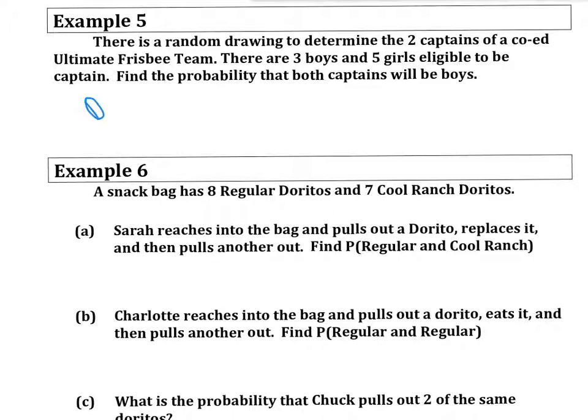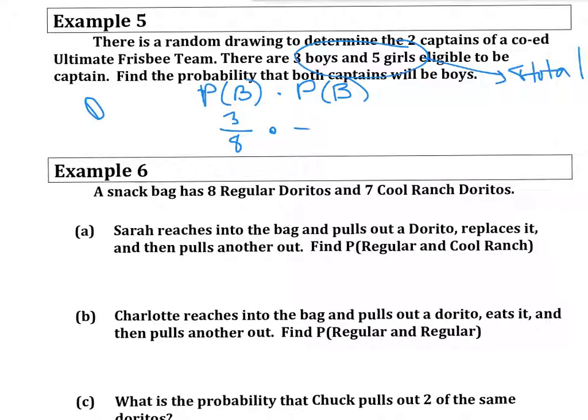So first we'll find the probability of the first selection being a boy, which would be 3 out of the 8 total. So you also want to make sure you total them up. Then we also want the probability that the second one is a boy, but that's after the first boy has already been selected. So now there are only 7 names left, and only 2 of them are boys.